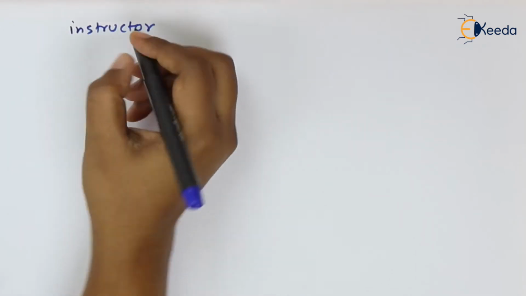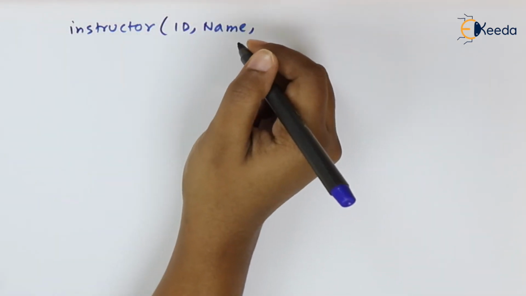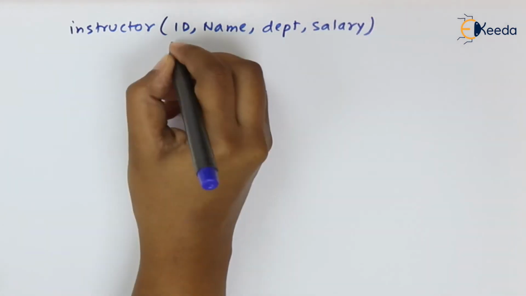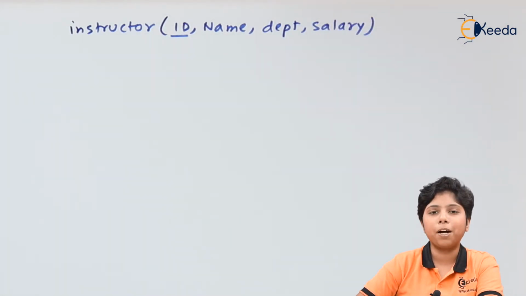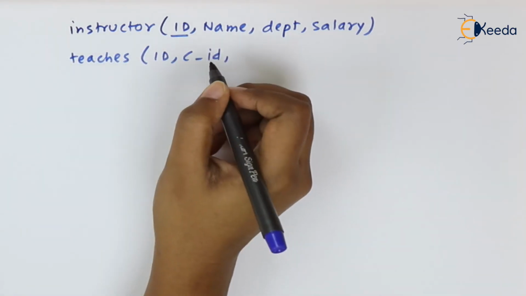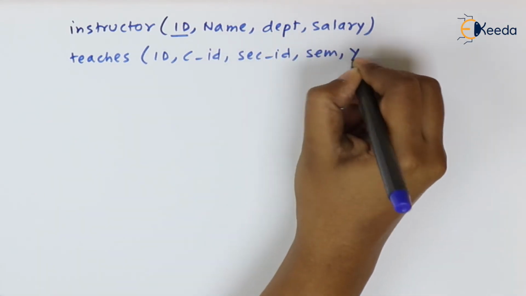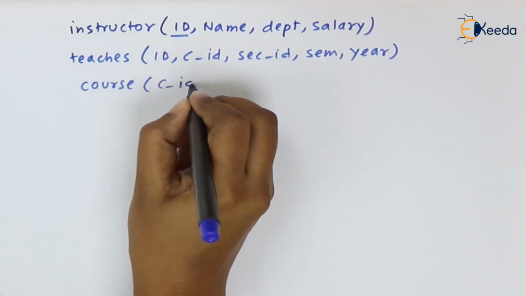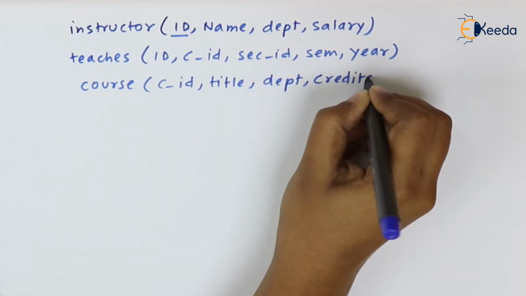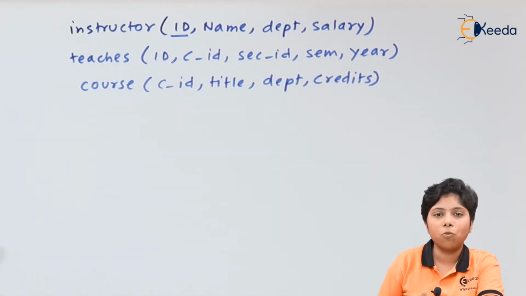Now we will take these relations: instructor, teaches, and department. For simplicity, as department also has the course, we are taking only instructor, teaches, and course. So now we will see and solve some queries on a relational expression.